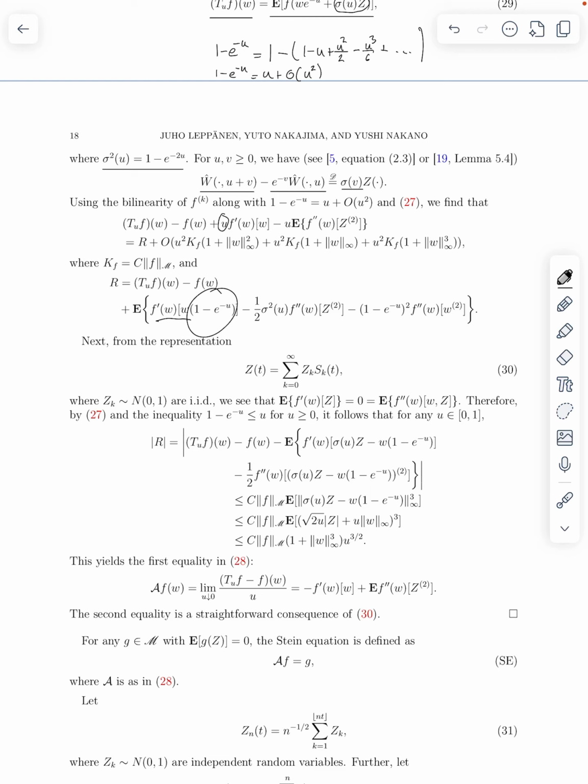Same thing goes for this one. So sigma squared of u is 1 minus e to the negative 2u, which is, of course, just 2u plus o of u squared. And then this is acting on z2. Okay, so that's okay, it's not that big of a deal. So this is effectively the same as this term.